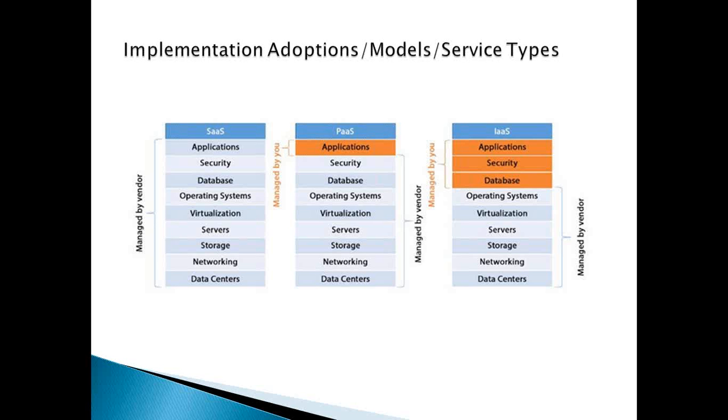So these are the three different models available. Now you can see most of the clients are using SaaS. Rarely you may see clients who are using the PaaS model.